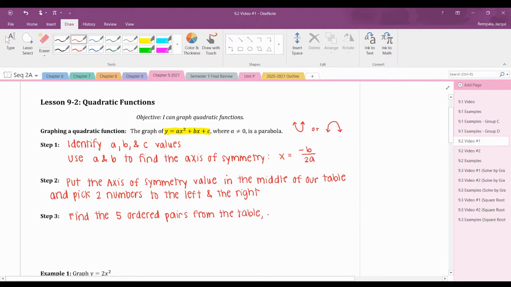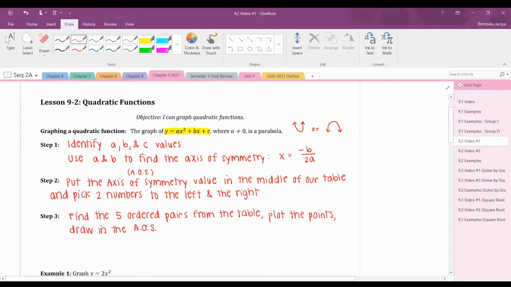We're going to plot the points. We will also draw in the axis of symmetry. I abbreviate axis of symmetry as AOS. So anytime you see that abbreviation, it means axis of symmetry.